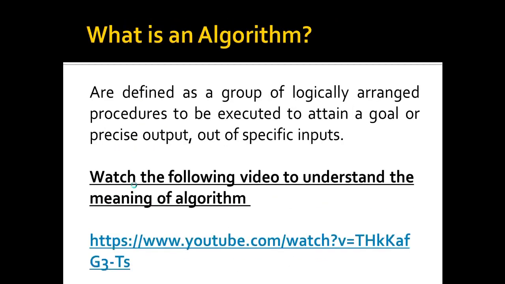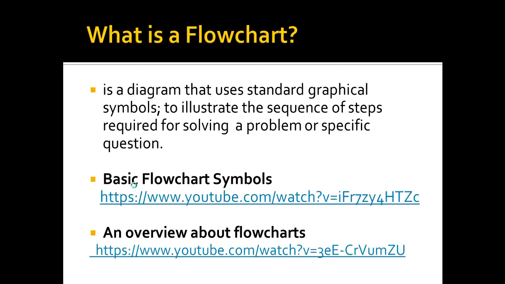We just said an algorithm is writing n steps, while a flowchart is a diagram representation. We're going to represent what we wrote in the algorithm in the form of a chart or a diagram.